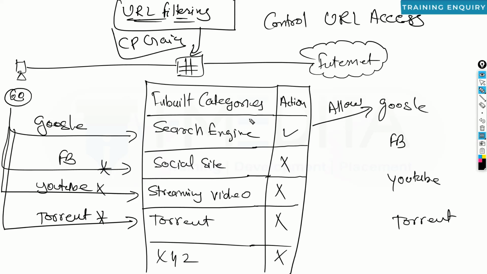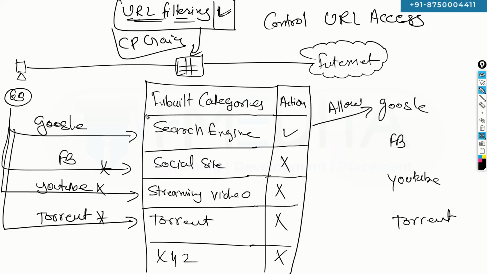There is no need for any proxy server here. The task which would be done by a proxy server, Checkpoint Gaia can do in a single box, within the same box. You just need to enable URL filtering on your firewall.